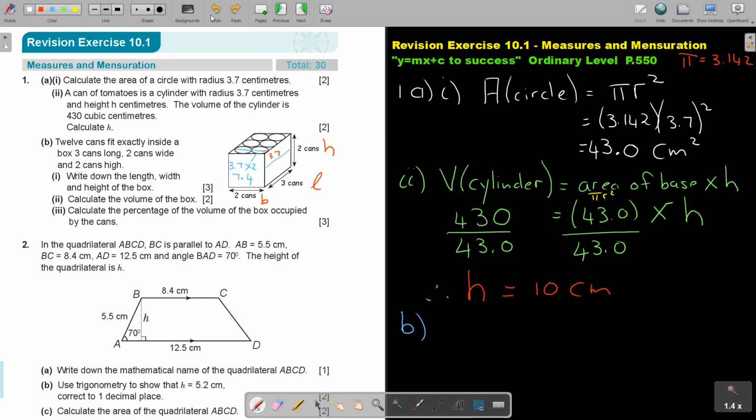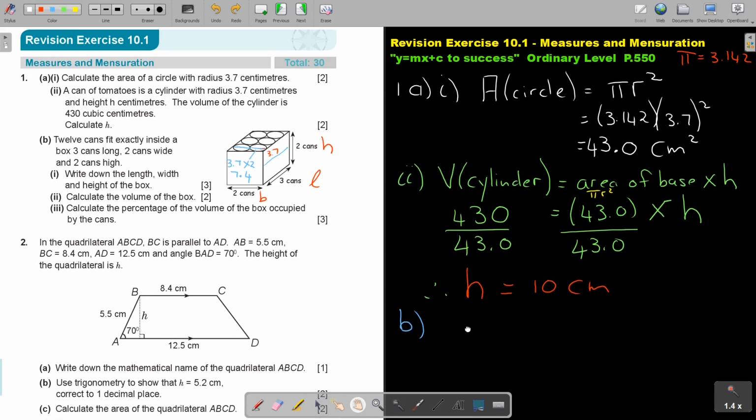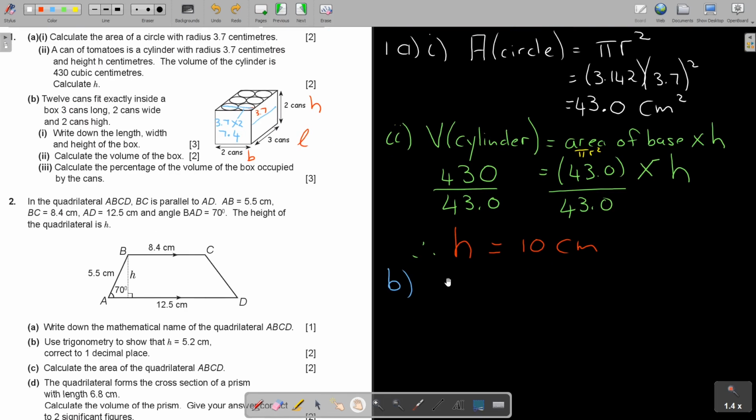I just want to write it better, because if I write it better, you will not make mistakes. So let's write: the radius is 3.7. The diameter is 2 times 3.7, and that will give me 7.4.